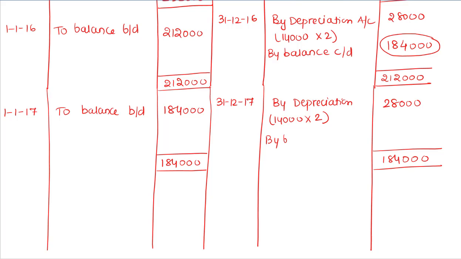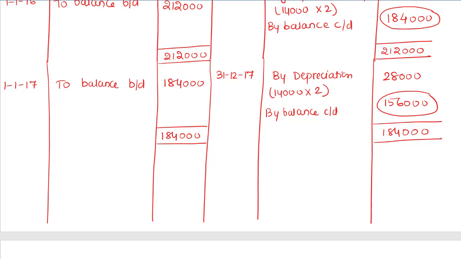Do it on your calculators. By balance carried down 1,56,000 for 2017. Now do it for 2018.